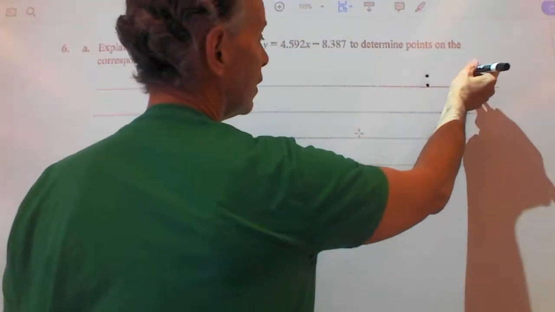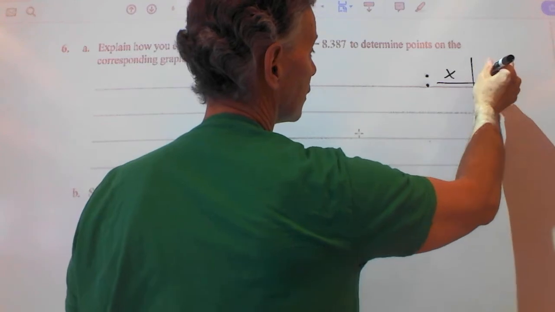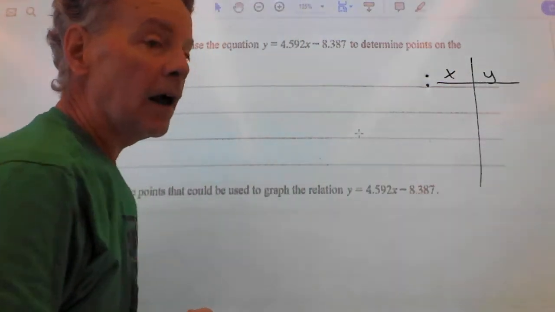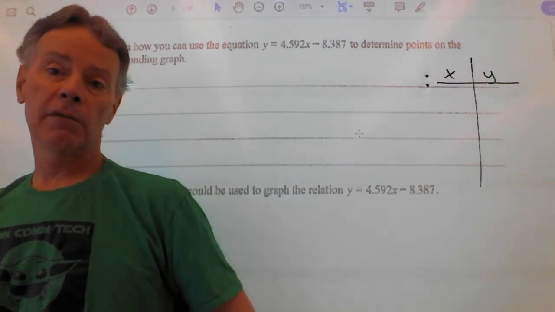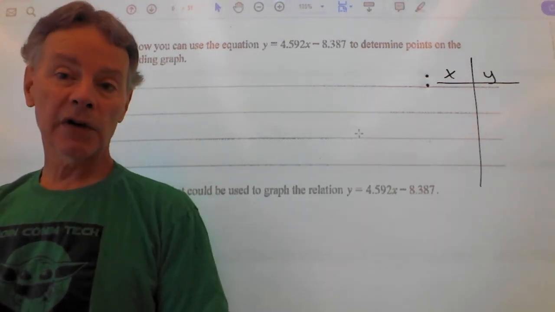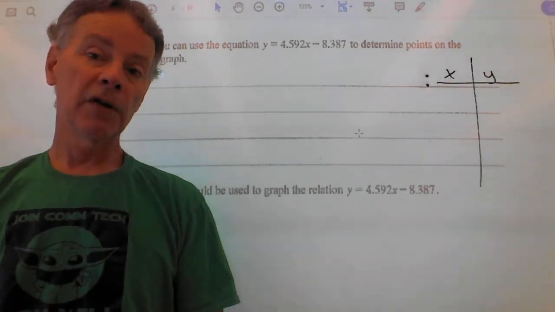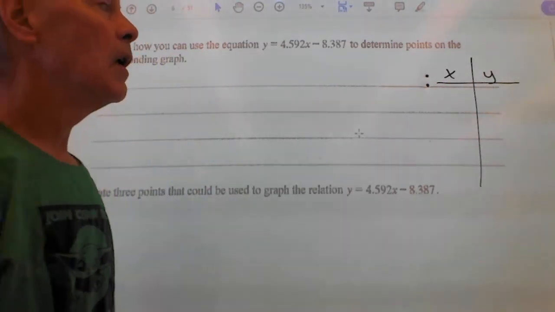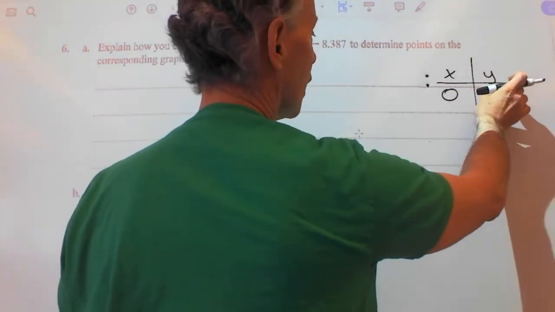Remember, that's how you make a table of values. Now, being as it's a linear relation, we only need two values. So I would suggest that you use values of 0. So let's say if x equals 0, what does y equal?